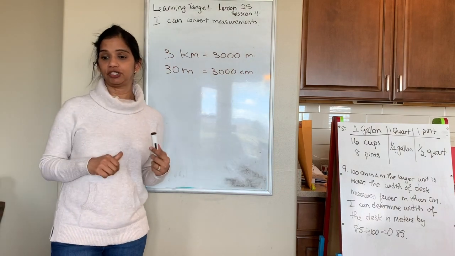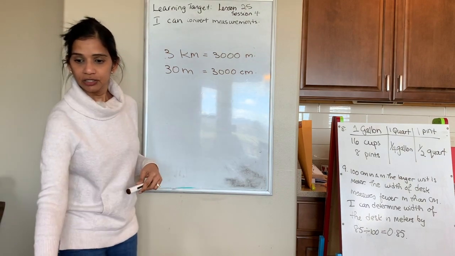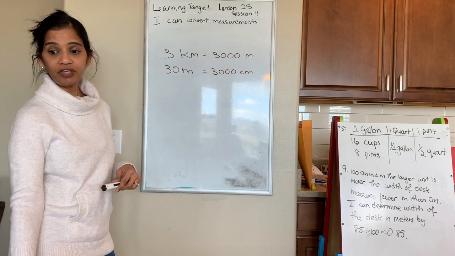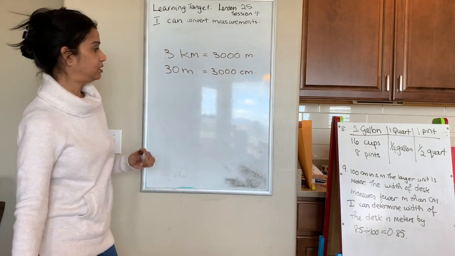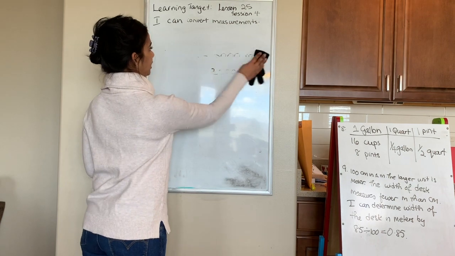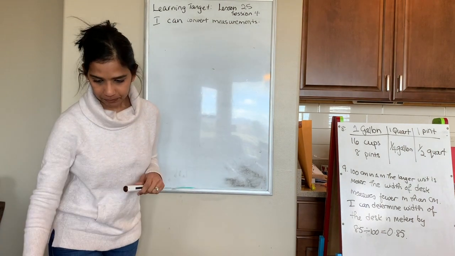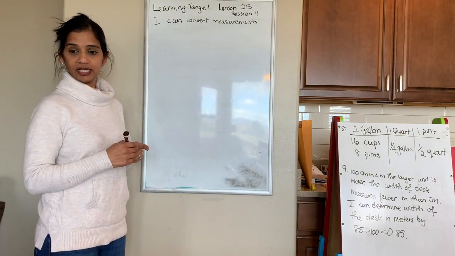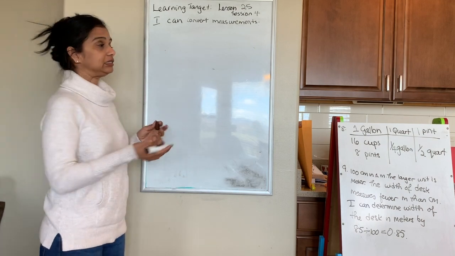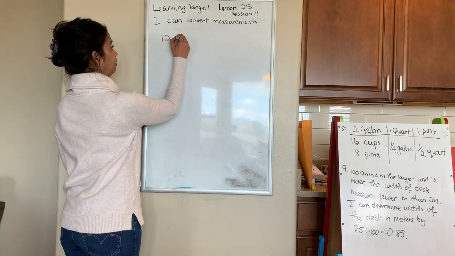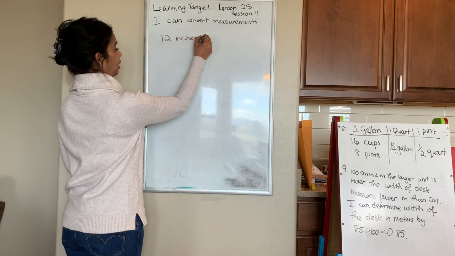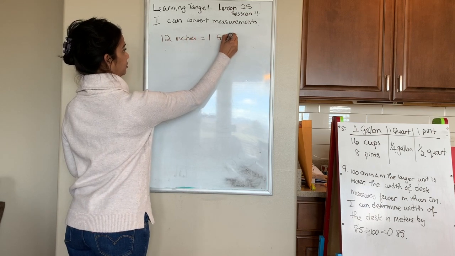Complete each conversion below. Show your work. So let's do the first one. 3 feet plus 7 inches. What do you think that is? So inches is the smaller one, and 12 inches are in 1 foot, right?